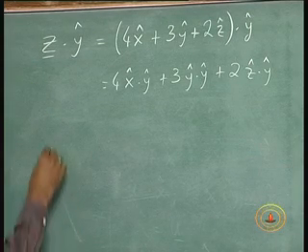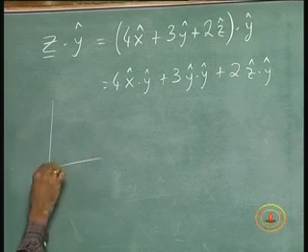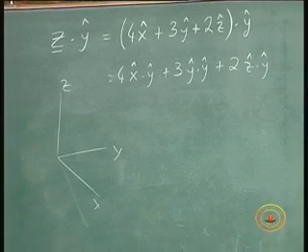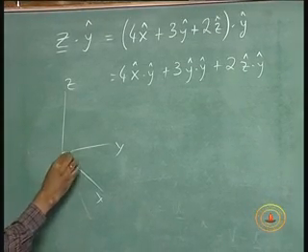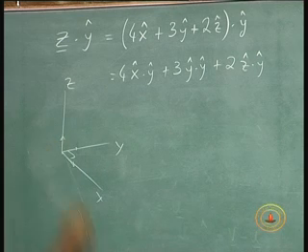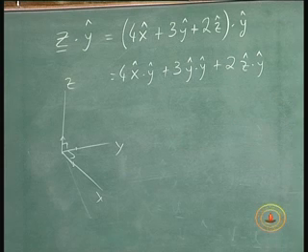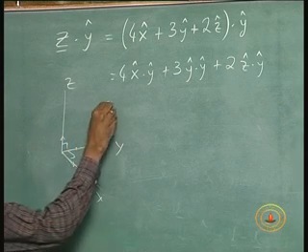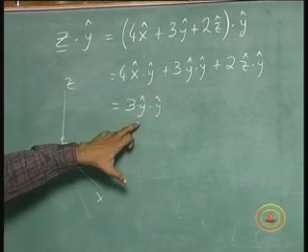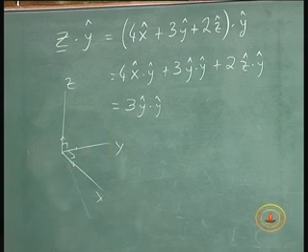But here we know our coordinates. This is x, this is y, this is z. We know that if a vector is along x and a vector is along y, there is 90 degrees between them, x dot y is 0. If there is a vector along z and a vector along y, there is 90 degrees between them, y dot z is 0. So, this becomes 3 y dot y, and since the length of y is 1, y dot y also becomes 1, it is equal to 3.